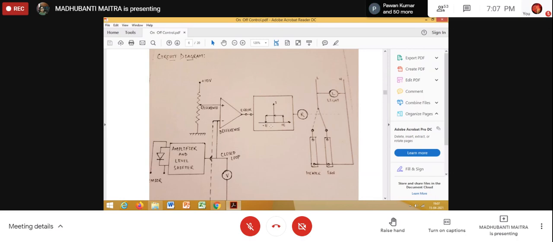Let us assume that for the time being, if the error signal is lying between these two points, the upper trigger point and lower trigger point, then the output of the Schmidt trigger will be 0. At the upper trigger point, the output of the Schmidt trigger will change its state and become 1. I'm trying to explain considering this arrow direction.